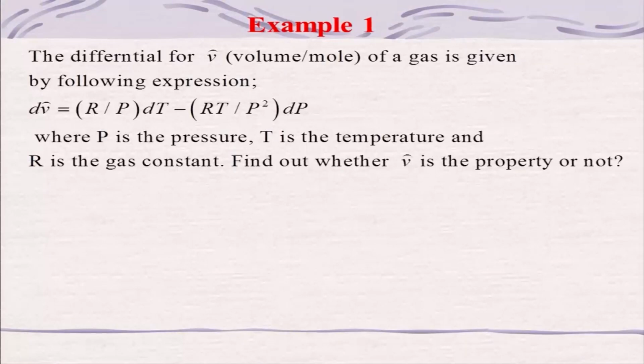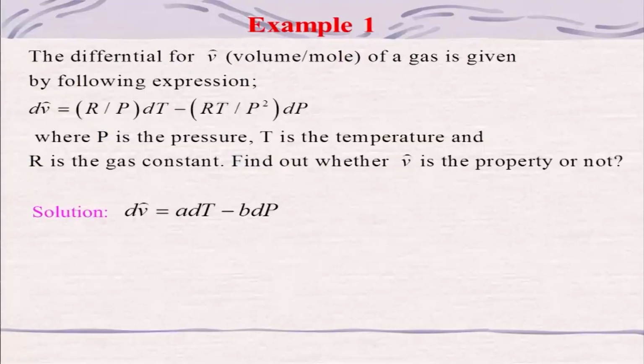We have to find out whether this specific volume is a property or not. Of course, you might know it is a property, but we need to know mathematically whether it is right or wrong. So dV = A dT − B dP. What is A? A is nothing but R/P. What is B? B = −RT/P².